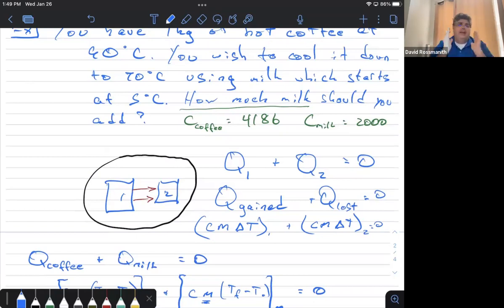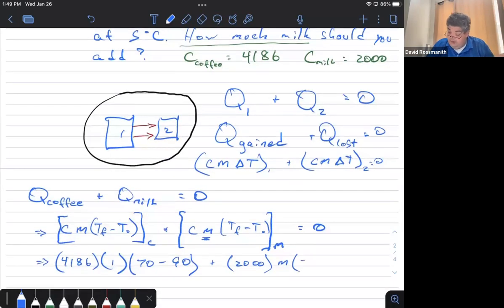Everything goes to the same final temperature. That's what equilibrium means. If everything is in equilibrium, they all have the same final temperature. So the milk's final temperature is also 70. However, its initial was 5. It started really cold.